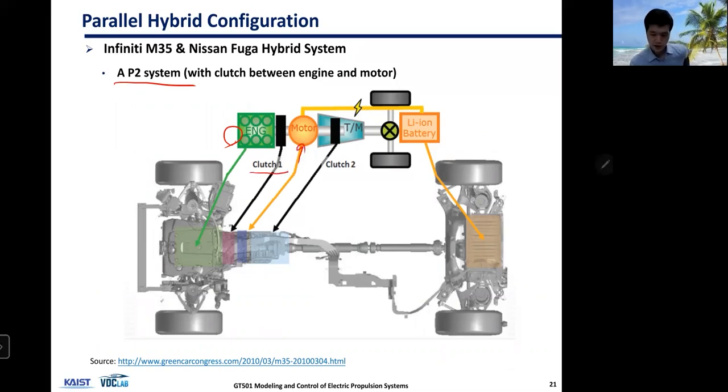Back in the old days, they had this issue of engine start problem, and it was not very pleasant to drive, and you were able to feel the engine start, and there were delays. But there's no substantial delay with the P1, P2 system, because P1 can start the engine separately, separate from the P2 traction motor. Okay.